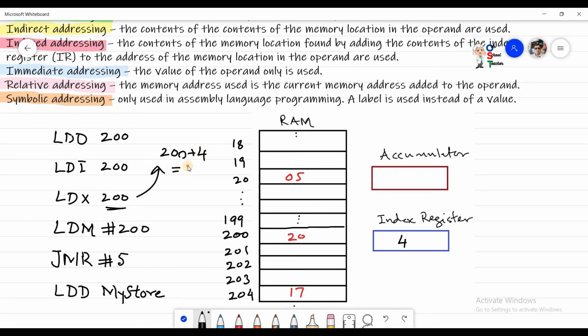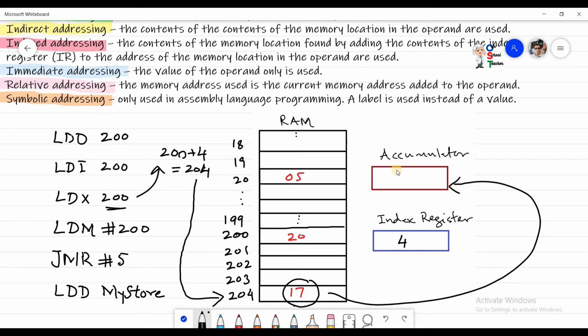So this is equal to 204. So we will pick the data from location 204, that is 17, and this 17 will be loaded in the accumulator. Right? This is how it is working. So this is called index addressing.